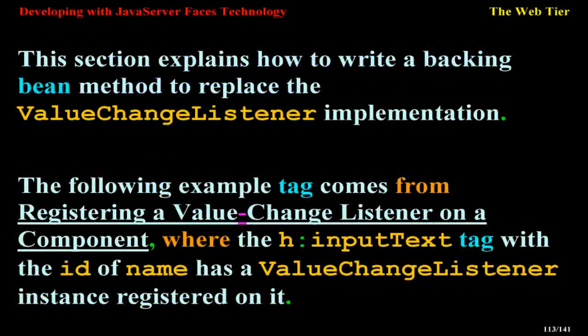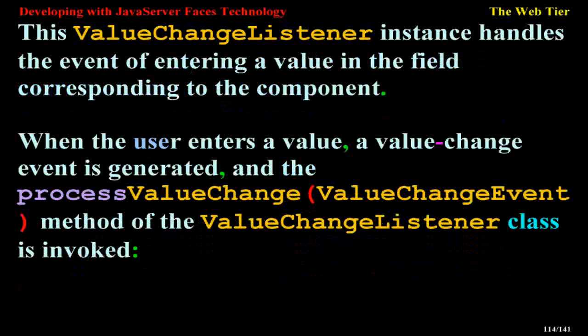The following example tag comes from Registering a Value-Change Listener on a Component, where the h:inputText tag with the id of name has a ValueChangeListener instance registered on it. This ValueChangeListener instance handles the event of entering a value in the field corresponding to the component.